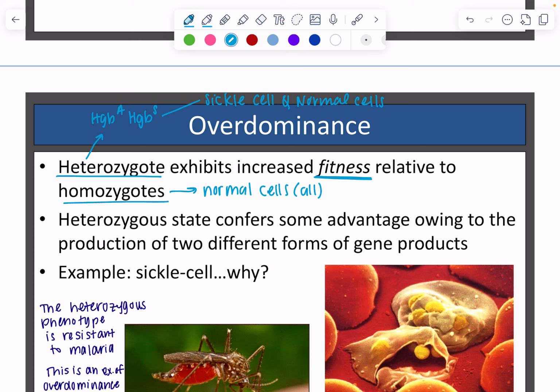What he's trying to say here without saying it is that the people who have HGBS, these people don't live long.